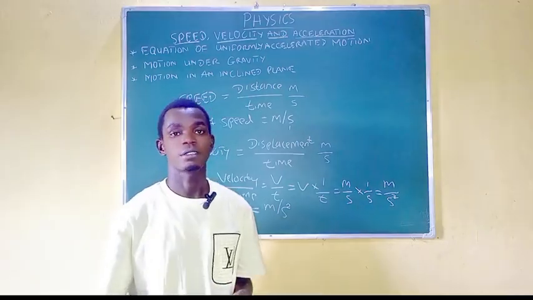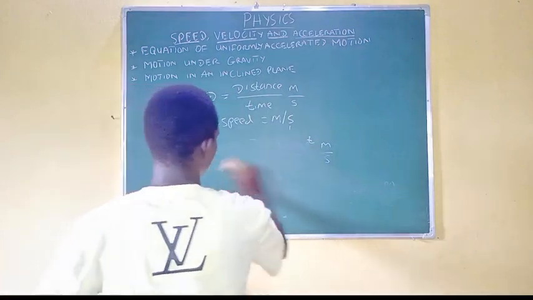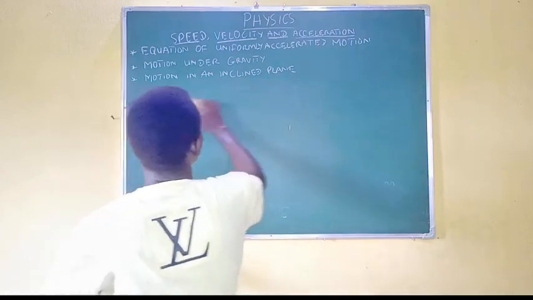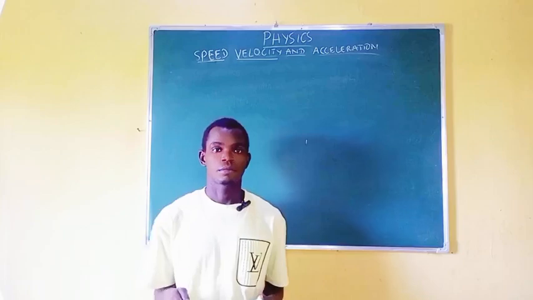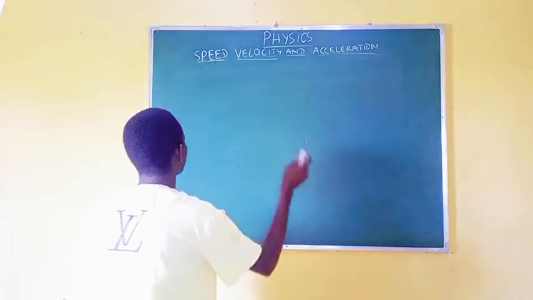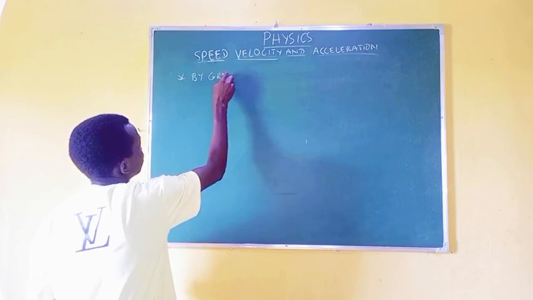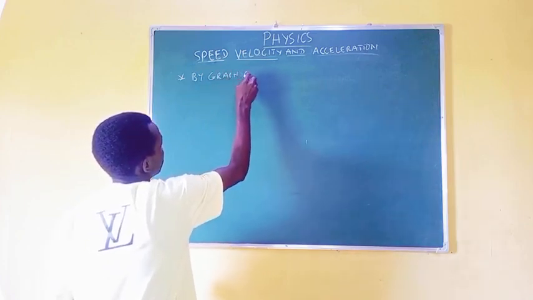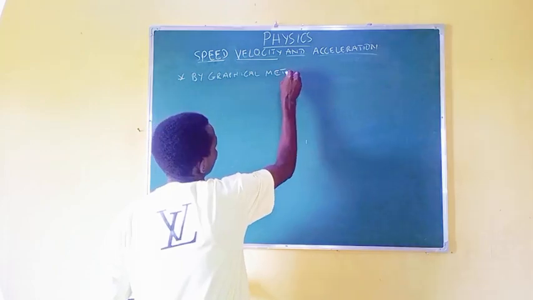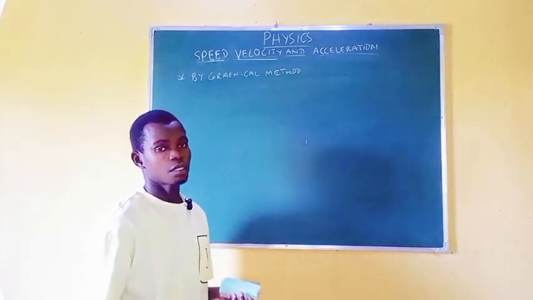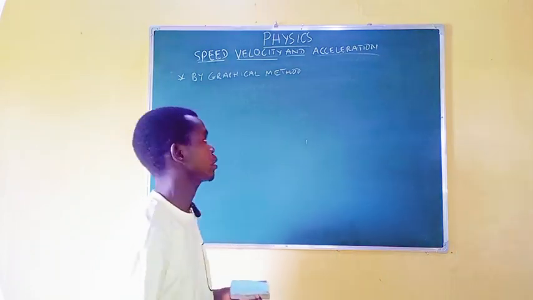So let's look at the graphical method. Under this graphical method, we'll talk about the displacement time graph and the velocity time graph.